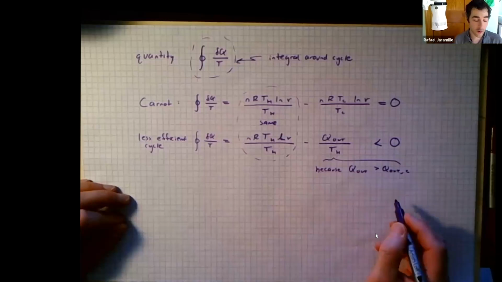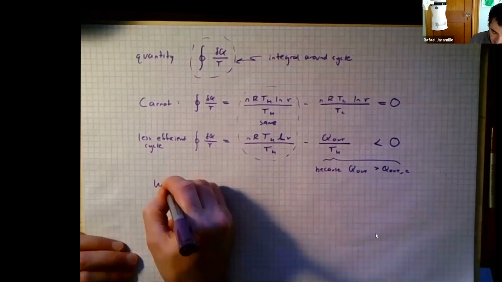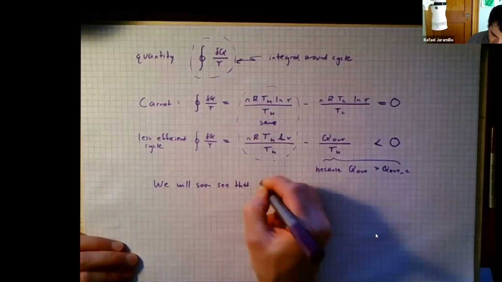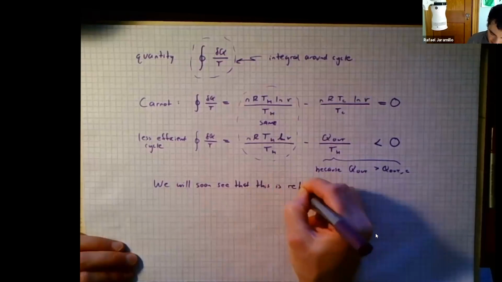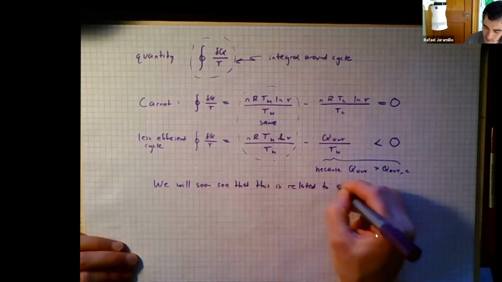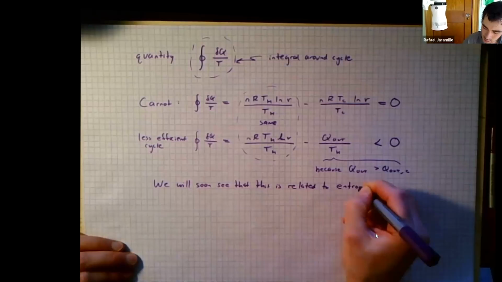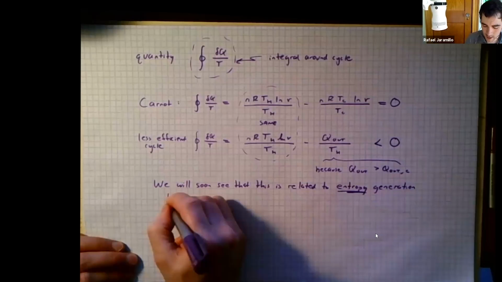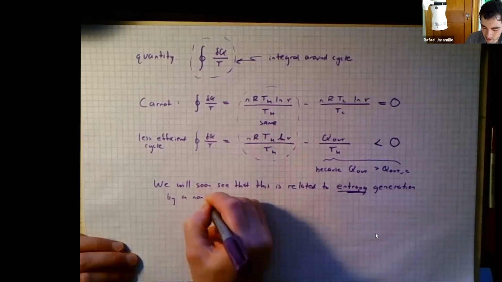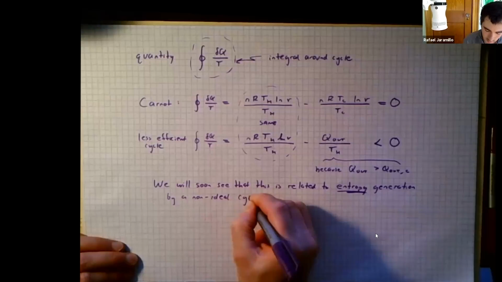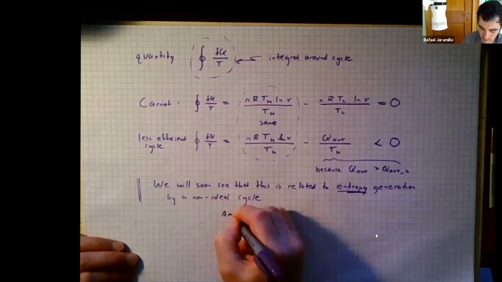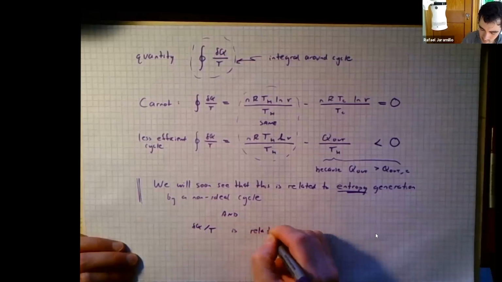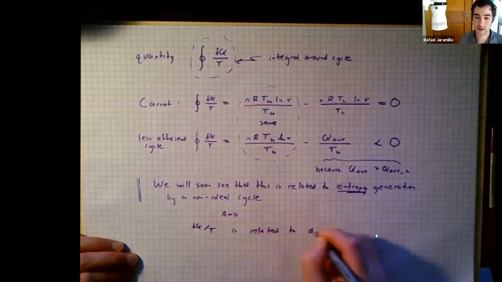So this is where I want to leave it today, because we will soon see that this is related to entropy generation by a non-ideal cycle. And dq over T is related to the change of a state function, dS.